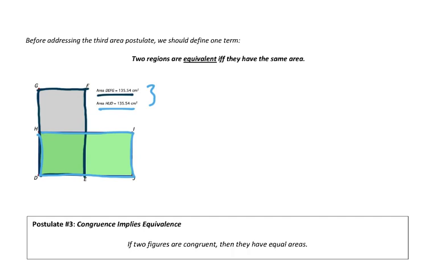Since they have equal areas, I can then say that quadrilateral DEFG is equivalent to quadrilateral HIJD.